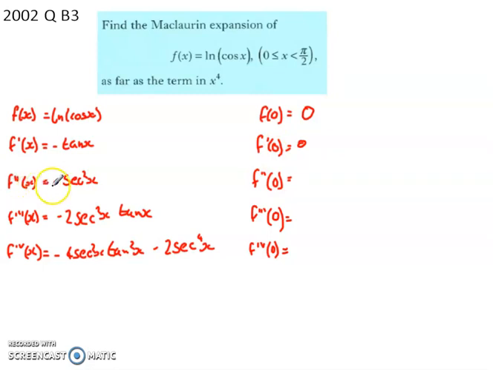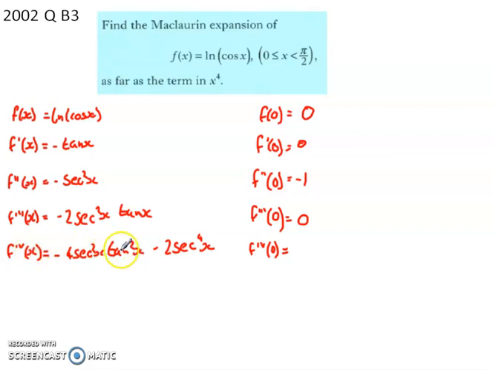I then want to look at the second derivative, which is negative sec squared x. Well, I know sec x is 1 over cos x, and I know cos of 0 is 1. So what I'm going to end up with is negative 1 over 1 squared, which will give me negative 1. Now this one here, negative 2 sec squared x tan x. Well, again, I know tan x is 0 when x is 0, so this whole term is going to disappear, and I'm going to end up with a 0.